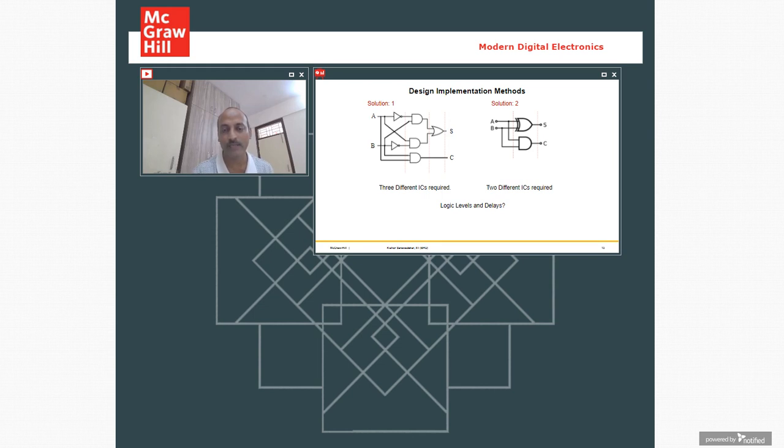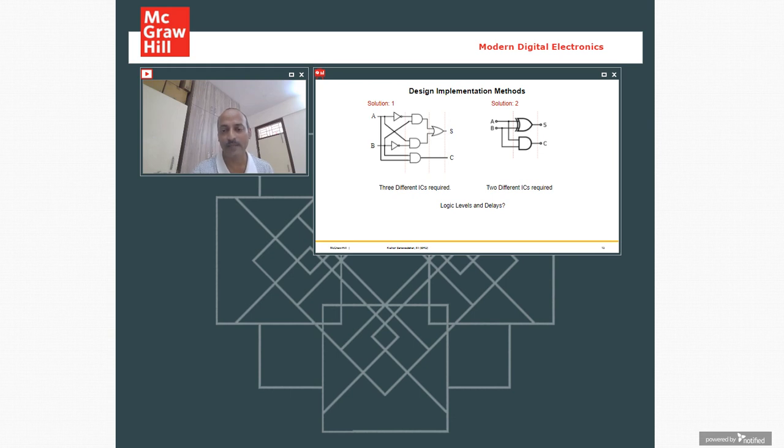If I assume 1 nanosecond delay in the second solution, the output will be available within 1 nanosecond itself. So looking at the trade-off, the first circuit requires 3 nanoseconds to produce the sum, whereas the second circuit requires 1 nanosecond. Depending on our area and power requirements, we need to play with the design implementation methodologies.